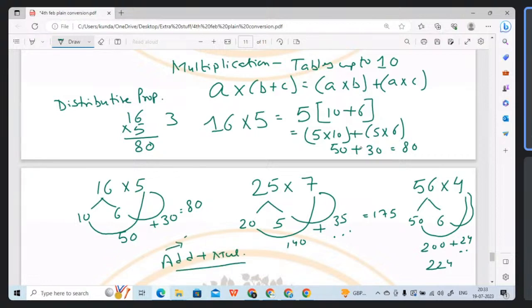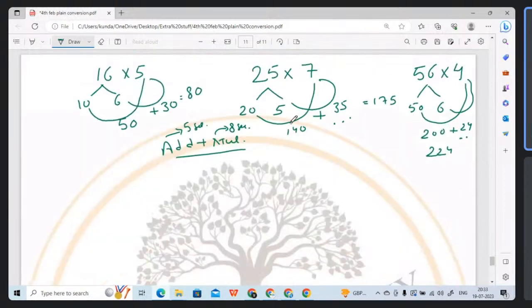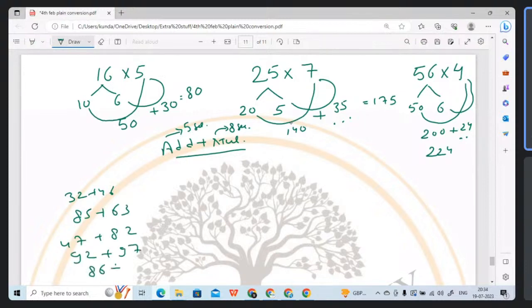Any addition should not take more than 5 seconds, any multiplication should not take more than 8 to 10 seconds. इस स्पीड तक we have to reach. इसके लिए मैं अपने स्टूडेंट्स से जो हमारे यहाँ कोचिंग में आते हैं उनसे एक एक्सरसाइज करवाते हैं. कोई भी 10 नंबर्स ले लेते हैं: 32 + 46, 85 + 63, 47 + 82, 92 + 97, 86 + 43. ठीक है, और 5-6 क्वेश्चन ले लेते हैं. 46 + 62, 65 + 36.